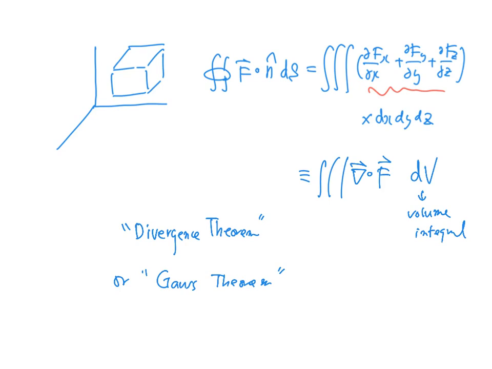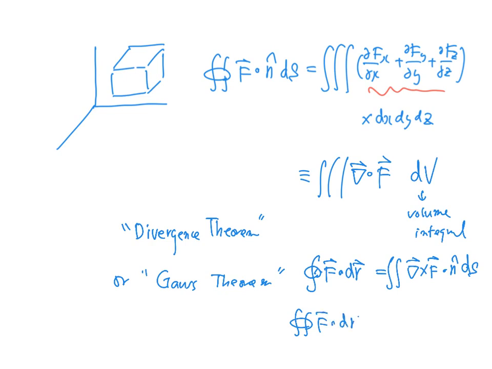So we learned two important vector integral theorems. One is Stokes theorem: if you have a line integral, it becomes the curl over a surface integral. And if we have a closed surface integral, it becomes the divergence of F over the volume.